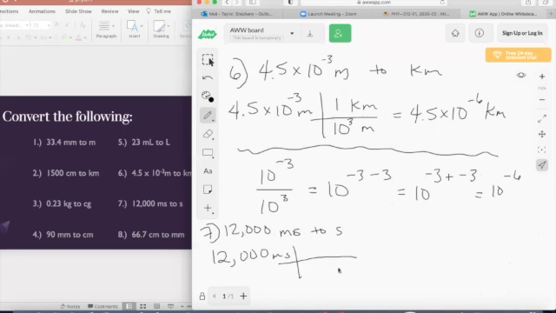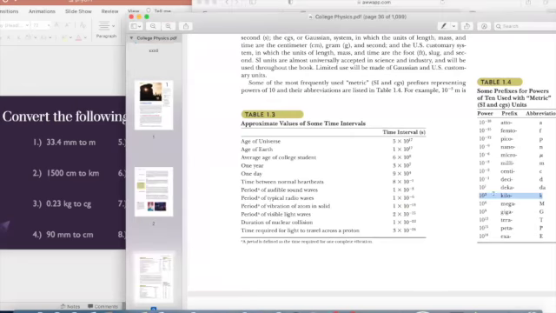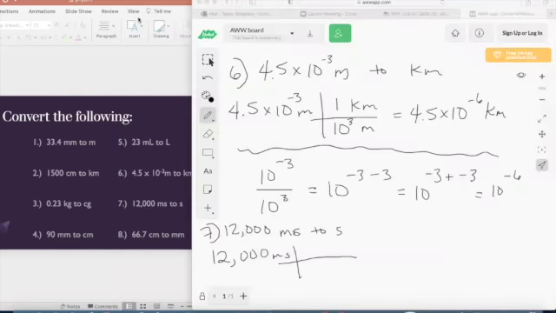If we go back to milli in the chart, we know that milli is 10 to the minus third. So we know that 1 millisecond is equal to 10 to the minus third seconds.